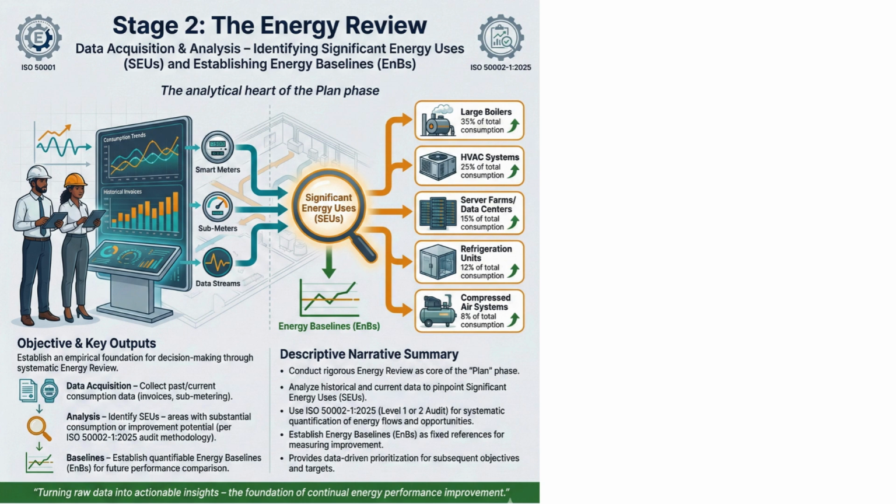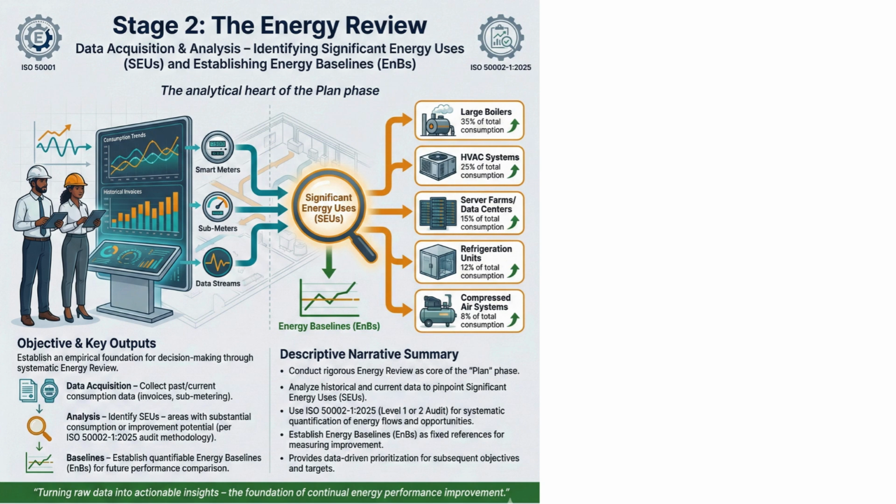While ISO 50001 simply requires an energy review, the real rigor comes from following the methodology in ISO 50002-1:2025, typically a Level 1 or Level 2 energy audit. This gives us a systematic way to quantify energy flows, spot inefficiencies, and identify opportunities.